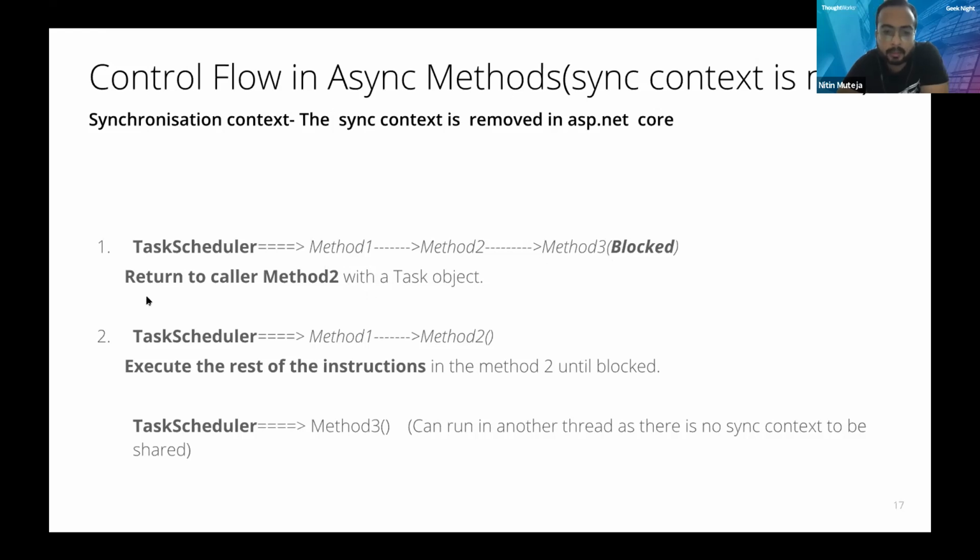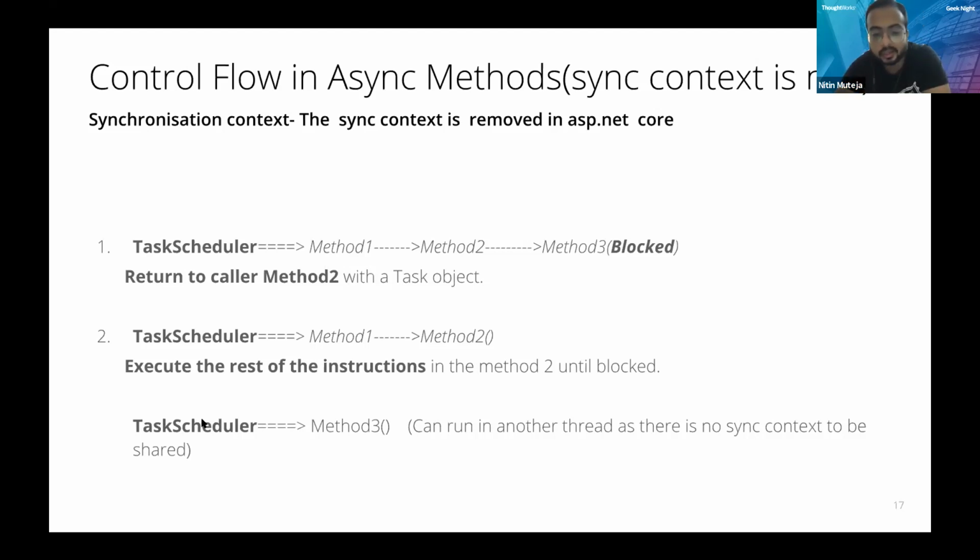Similar to what happened in my UI based application, control returned back to method 2. So method 2 would execute all the rest of the sequential instructions now. Let's say method 3 has also received the response from the input output stream.